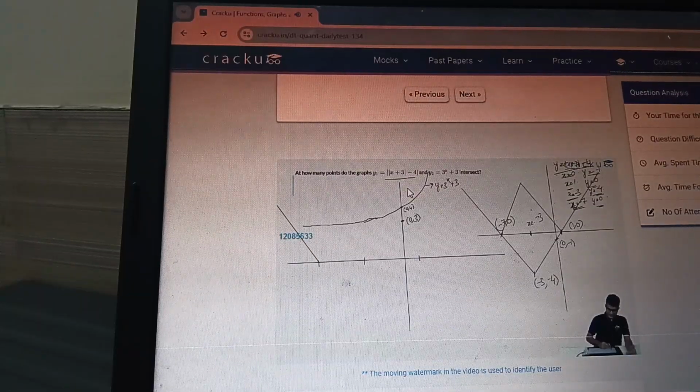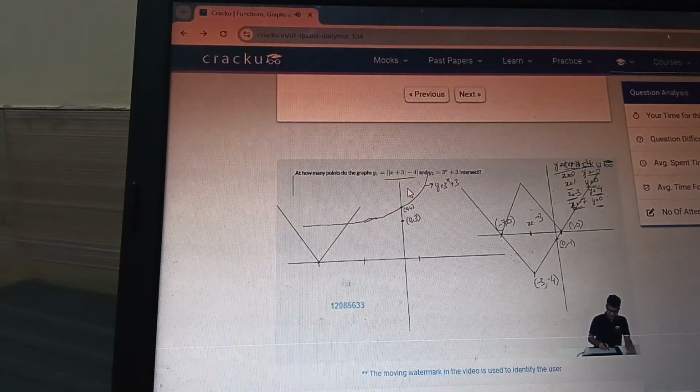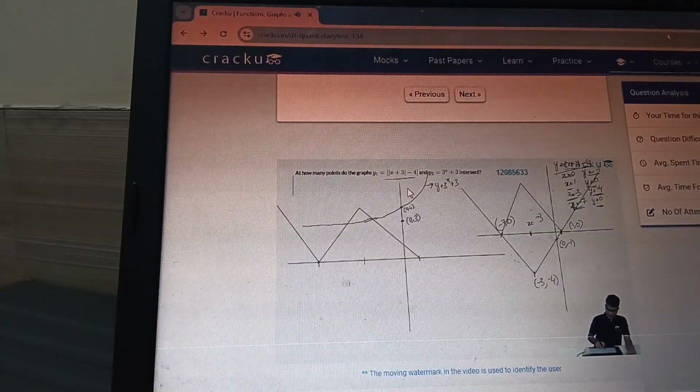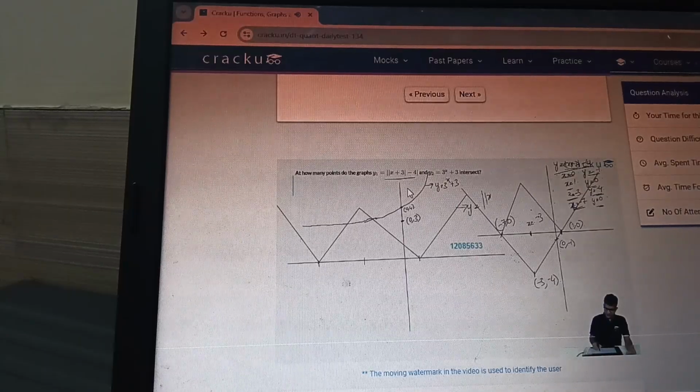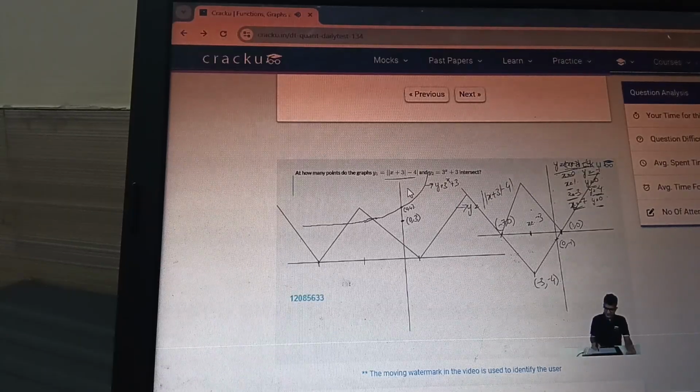Then at x is equal to minus 3, it is going to reach 4. It will go over here. Then again, it is going to go back to 0 when x is equal to 1. And again, it will come back up. So it will be something like this. This is how the curve y is equal to modulus of modulus of x plus 3 minus 4 looks.